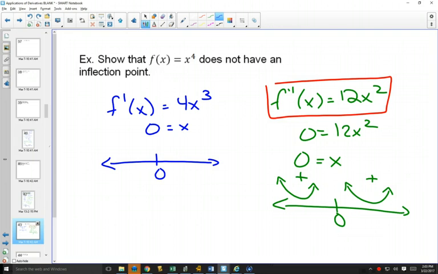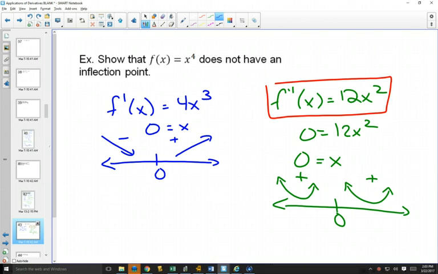Before x equals 0, plugging a number into your first derivative will be negative, meaning this function is decreasing, and then after 0 it is positive, meaning that it's increasing. So our first derivative does change sign at 0, which makes the point 0, 0 a local minimum and not an inflection point.